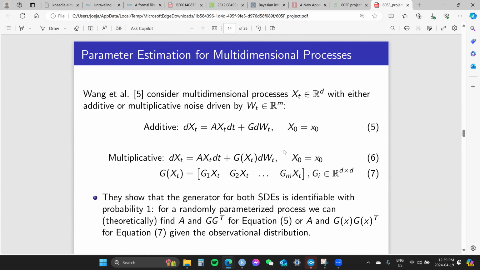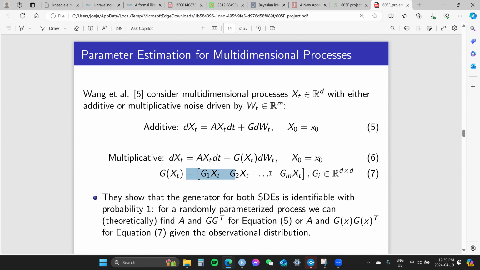Okay, so now we'll return to our presentation from a couple weeks ago where we went over Wang et al., which is the NURBS paper. And they consider two cases for different types of noise. One is additive. So this time it's multidimensional, so we're looking to estimate the matrix A and the matrix G. And in the multiplicative case, we have G as a function of xt.